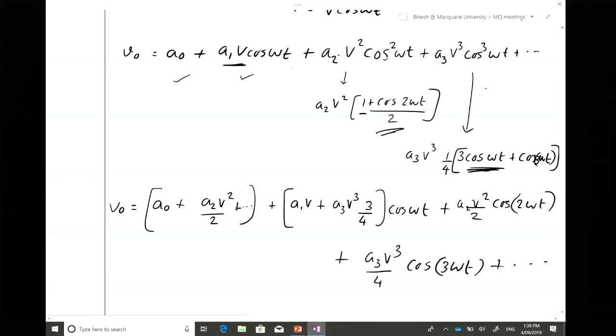So the terms ended here. Here also you will have multiple terms added to that, but they ended because we only consider up to the third order. Okay?